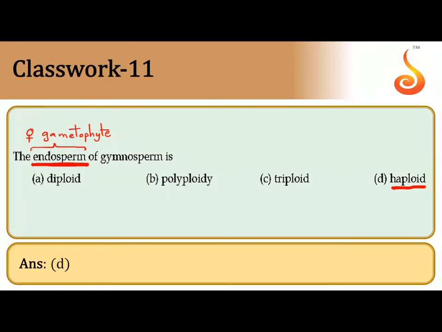Now, just like what I talked about in Selaginella, here also, mostly in case of gymnosperms, if I take Cycas for example, the main plant is a sporophyte, that is, it is diploid.